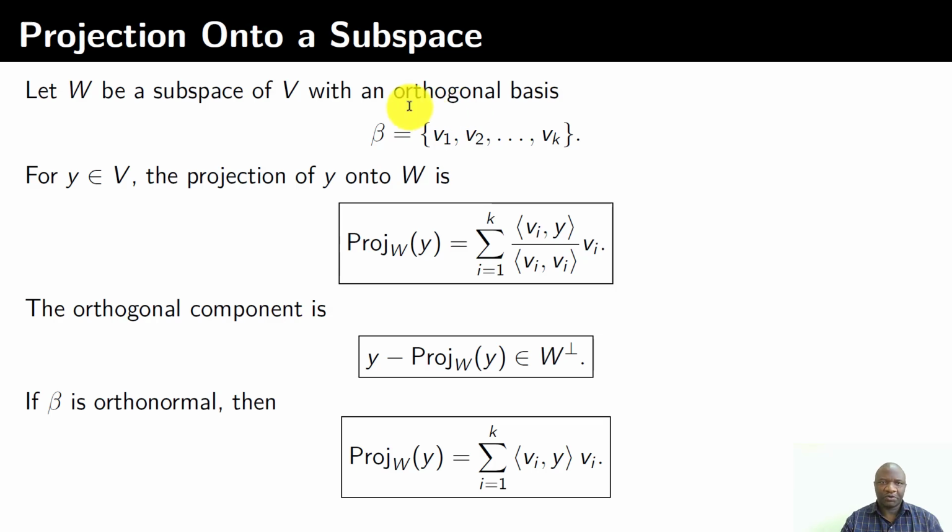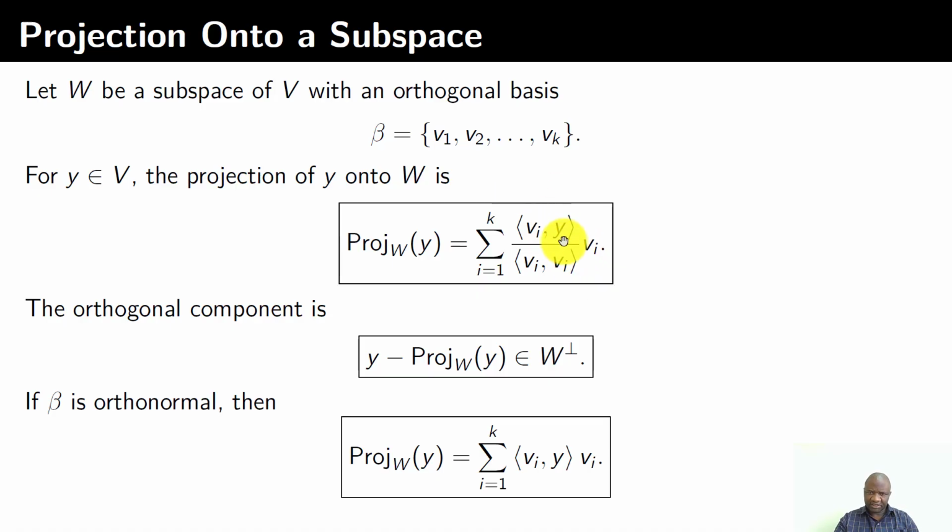Now, let us talk of projection onto a vector space. Suppose W is a subspace of V with some orthonormal basis beta with the vectors v1 to vk. Now, for y in V, the projection of y onto W is a summation of the inner product of vi and y divided by the inner product of vi and vi, times vi.